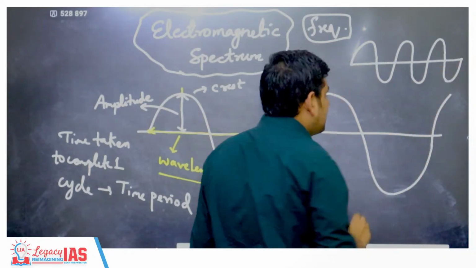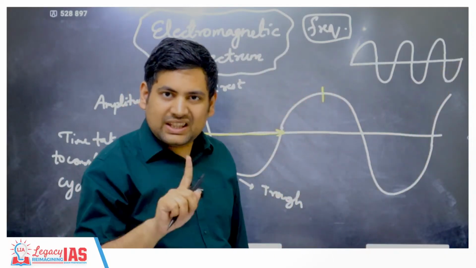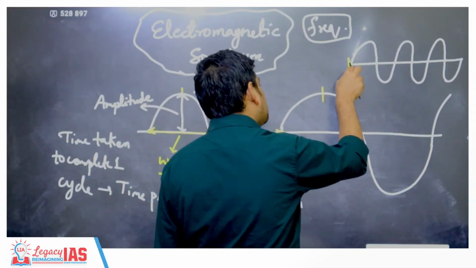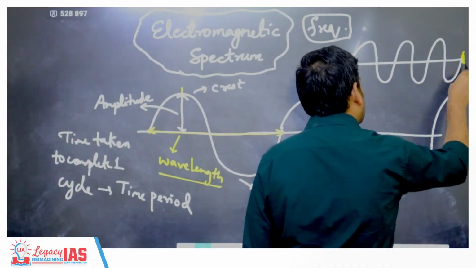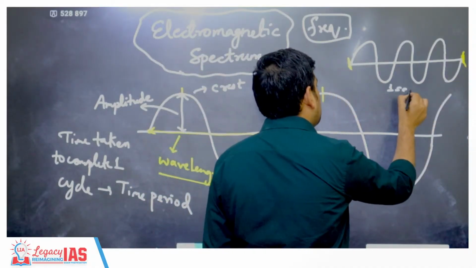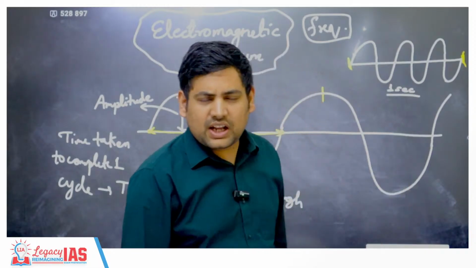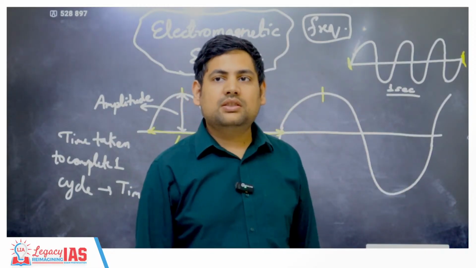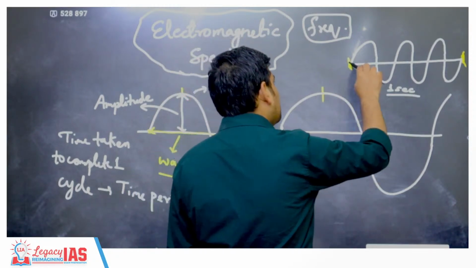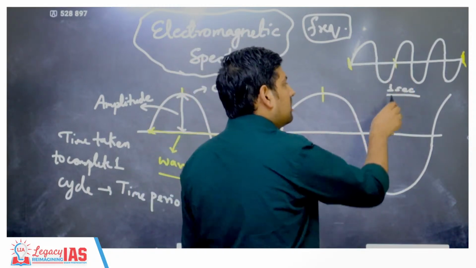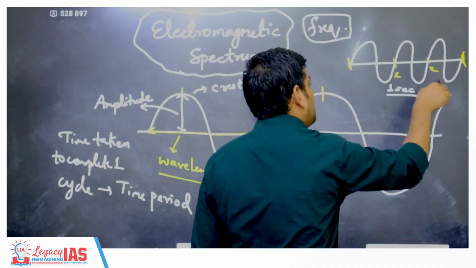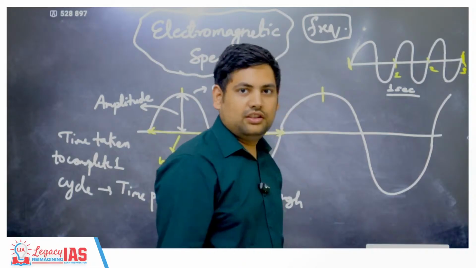Now let's say in 1 second a particle travels from here to here. Then in this 1 second, how many cycles has this particle completed? You see here, this is the first cycle, this is the second cycle, and this is the third cycle.